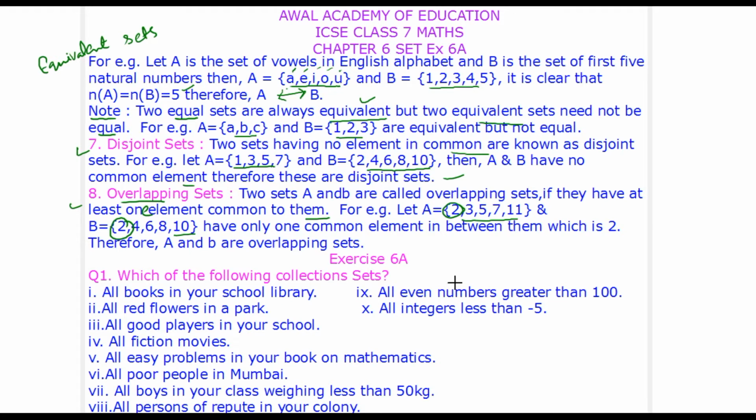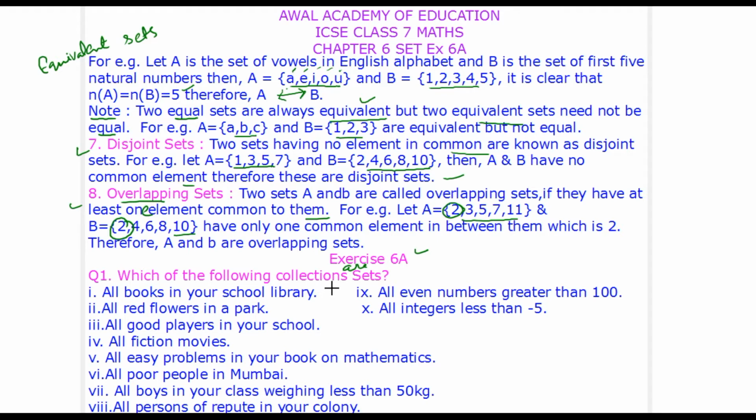Right students, now we will solve your exercise 6a. So the first question is, which of the following collections are sets? You have to find out whether they are sets or not. So first is all books in your school library, so this can be counted, and no vague word is in it, so it is a set.